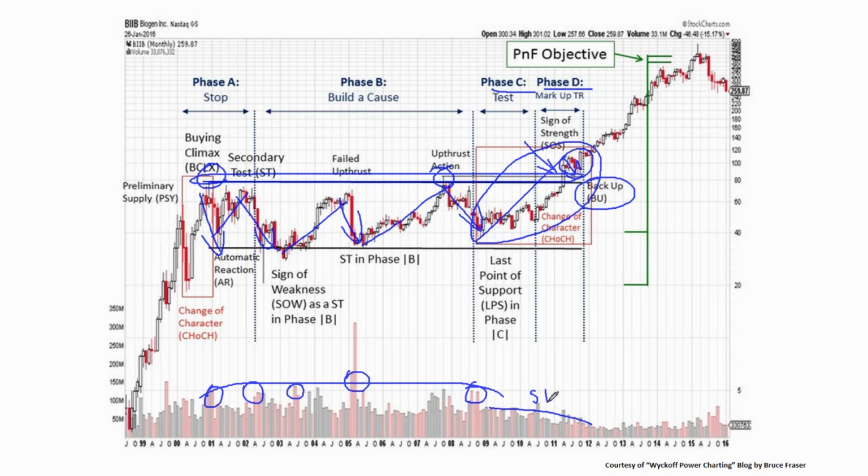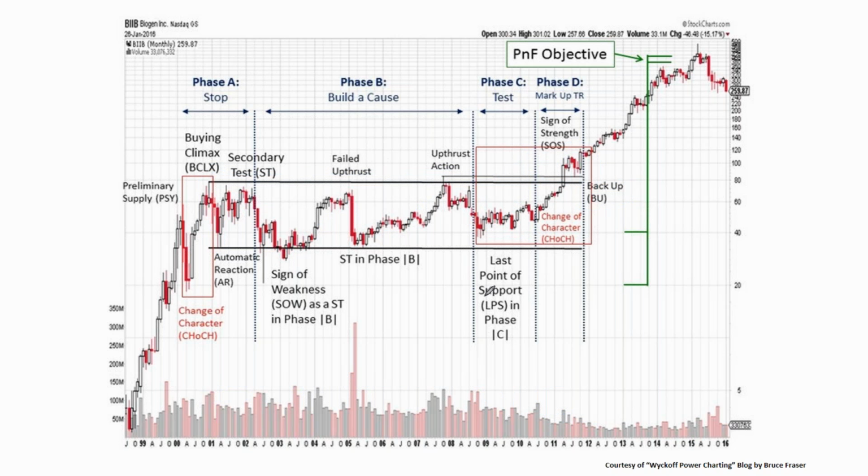There is a contraction of the supply, and that's a change of character by itself. So one of the ways to think about this concept, the change of character, I always say this: catch the change of character on the way into the trading range, and this is where a lot of your trading decisions are going to be made, whether you're holding the position or whether you're considering opening the position, and maybe it's too late already in the trend to do that.